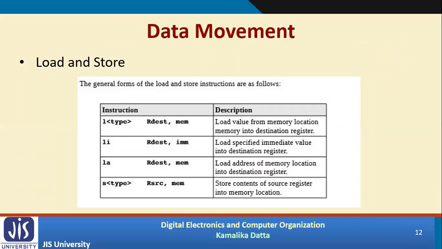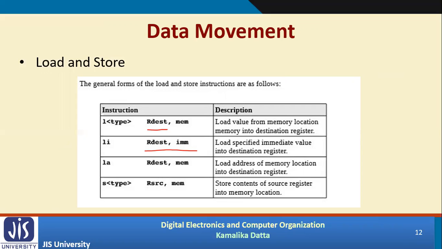Like the L type, first is the destination, and then what it basically does is load value from memory location into destination register. So memory location, what the value will be loaded here. Similarly, load specified immediate value into the destination register.